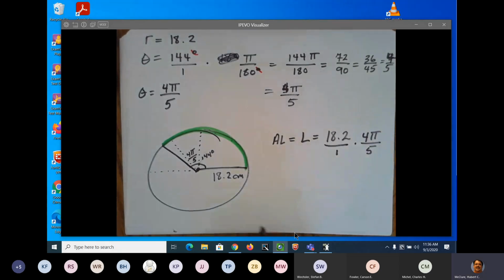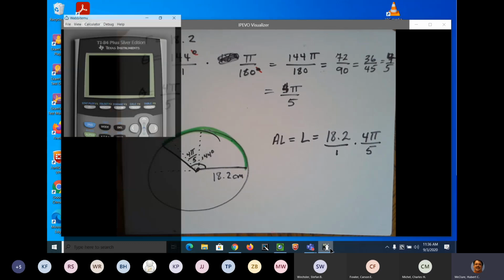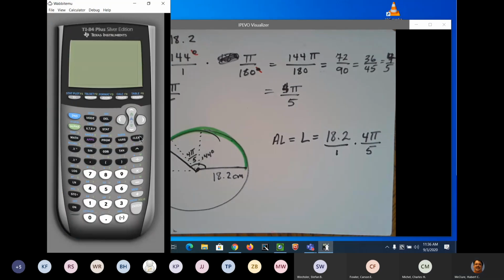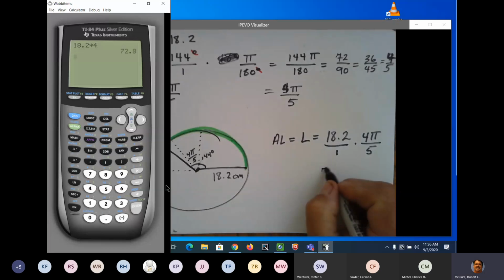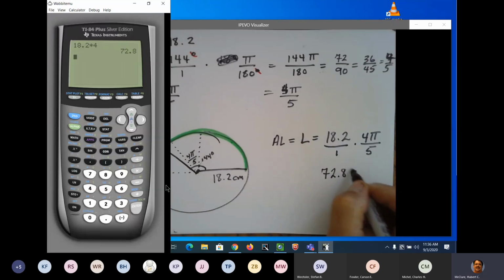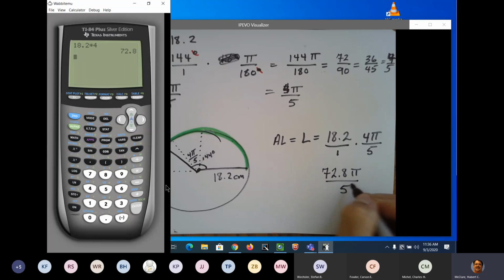And nothing cancels, so I'm just going to take my handy-dandy calculator and write it in terms of pi. That's 18.2 times 4 pi over 5, equal to 72.8 pi over 5. That's one way to write the answer.